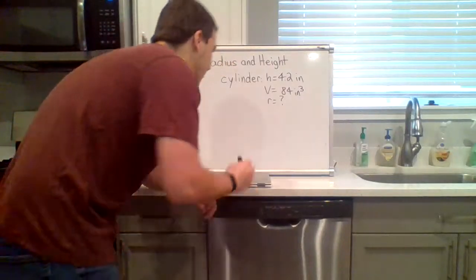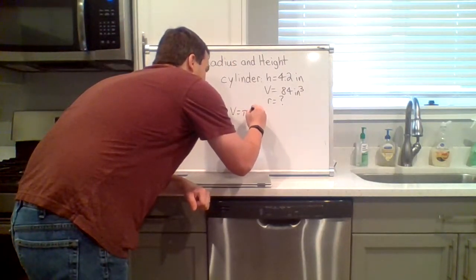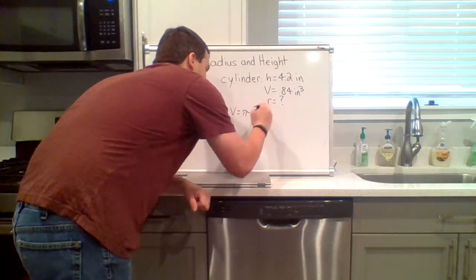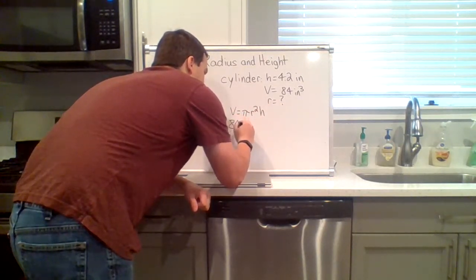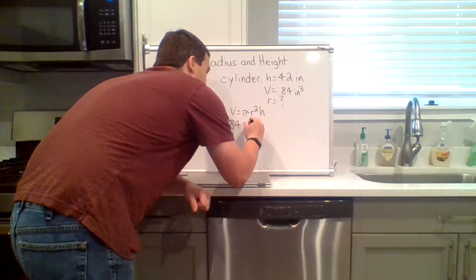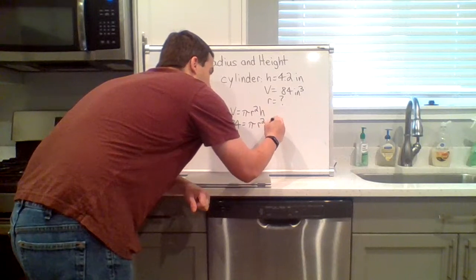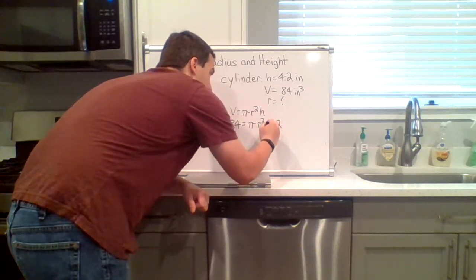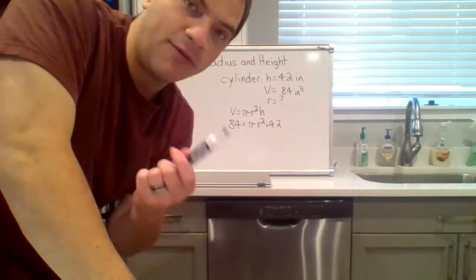Okay, volume of the cylinder is pi r squared h. So 84 equals pi r squared times 4.2. Alright, we have to solve for r squared.